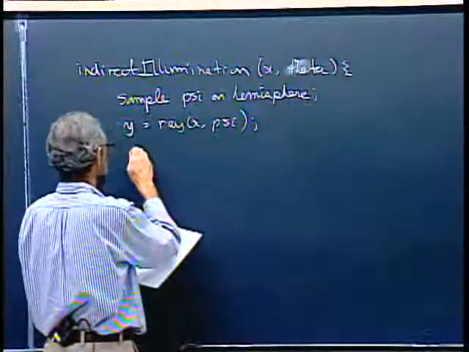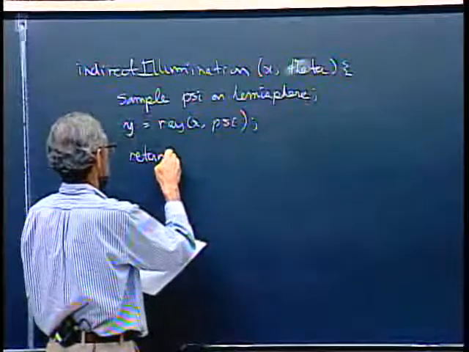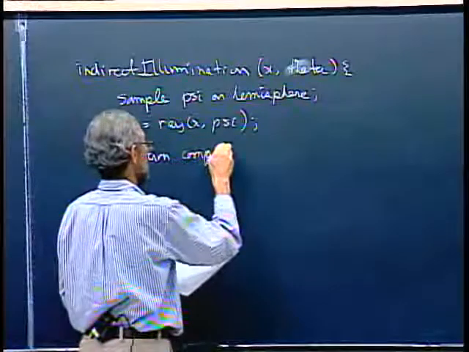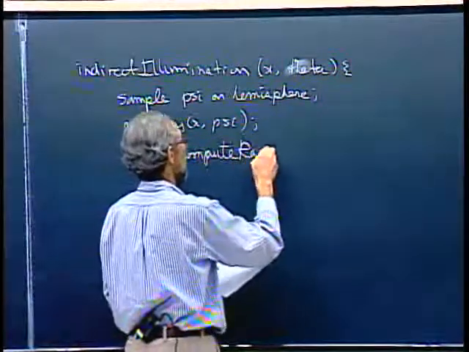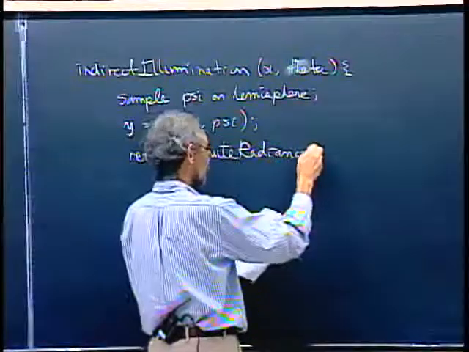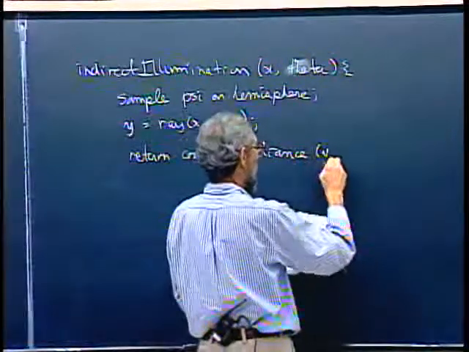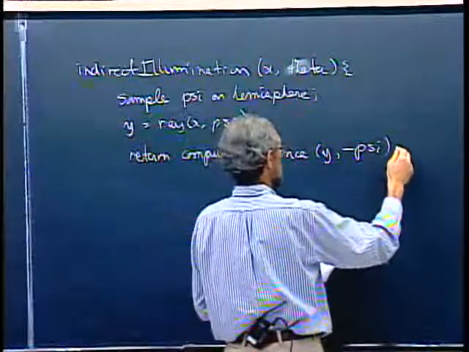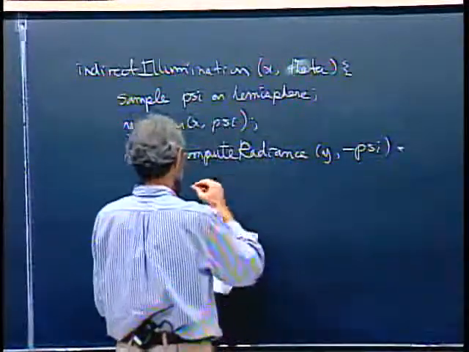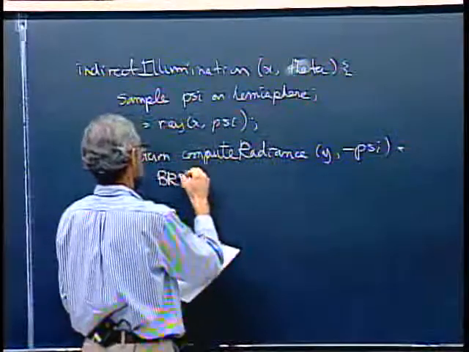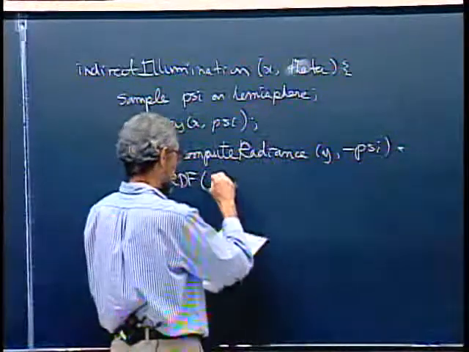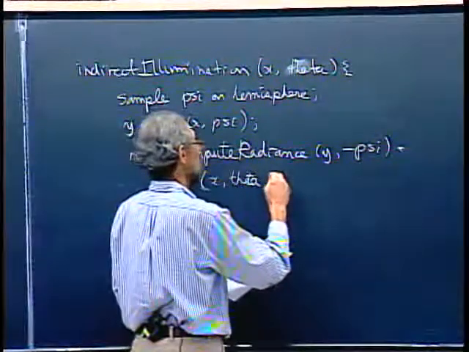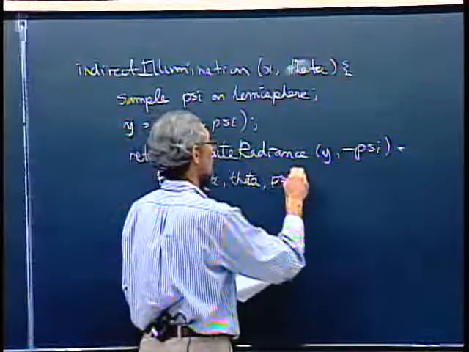And so what we'd have to do is return compute radiance at y going in the direction minus psi toward point x times the BRDF at x going out into direction theta with radiance coming from direction psi.